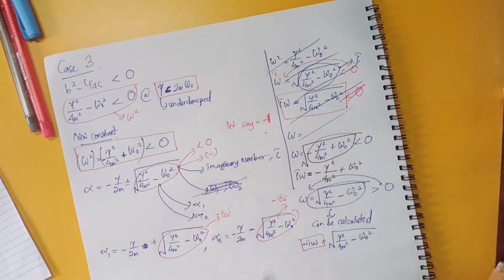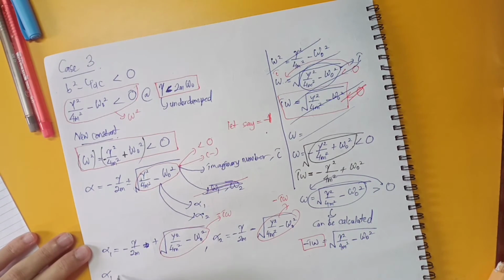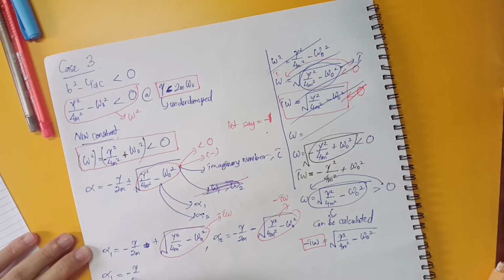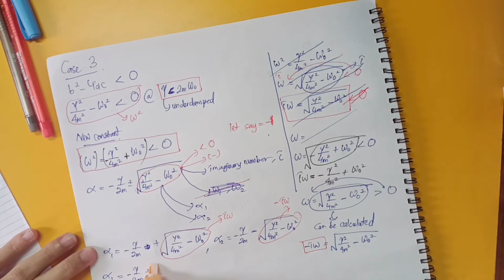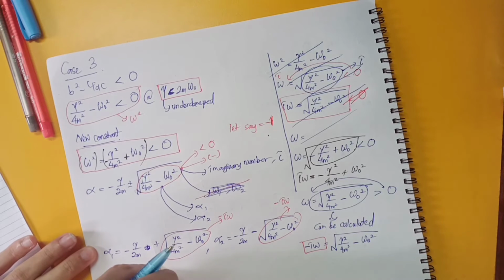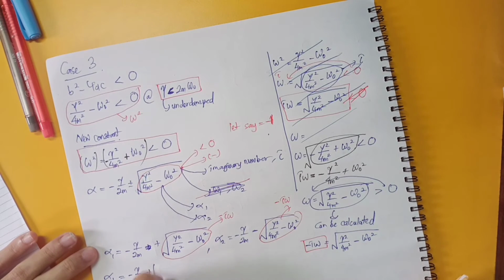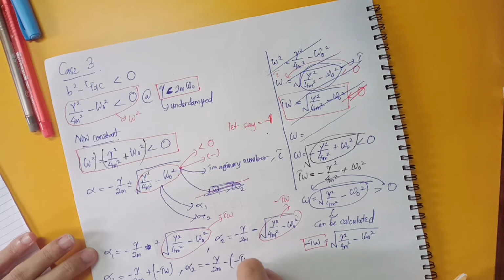Finally, alpha 1 is equal to negative gamma over 2m, plus minus also, plus minus i omega, and alpha 2 is equal to negative gamma over 2m minus with minus i omega.